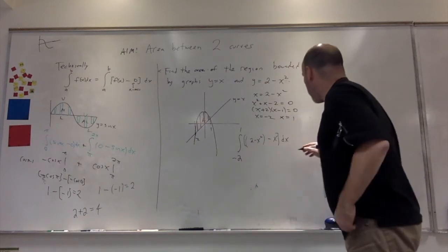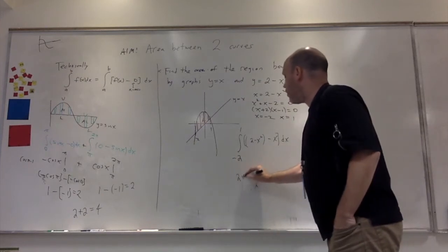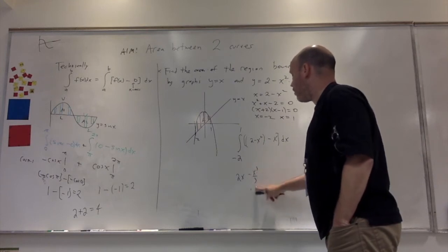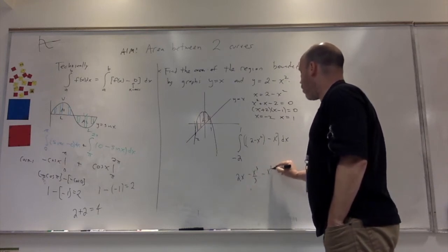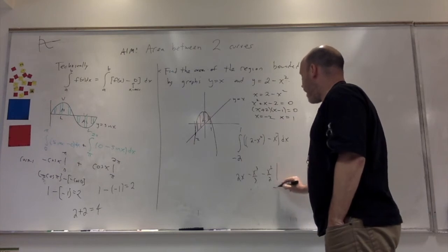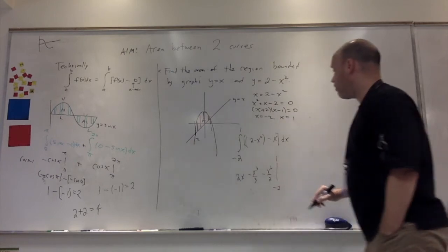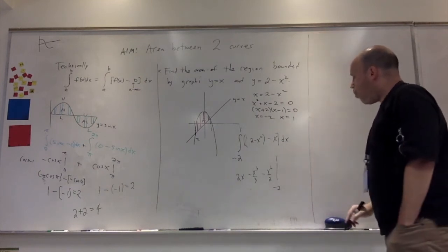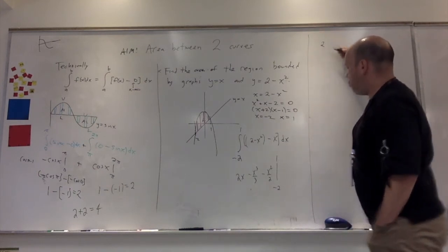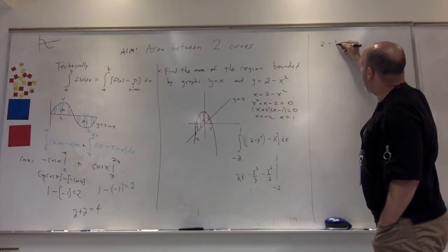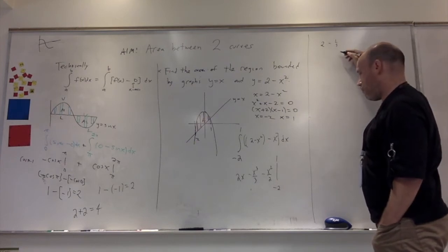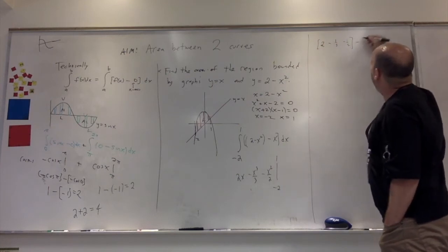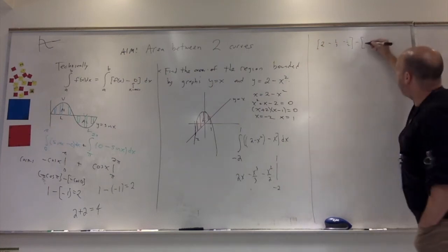We have 2x minus x cubed over 3 minus x squared over 2 from negative 2 to 1. So we have 2 minus 1/3 minus 1/2, minus negative 4.